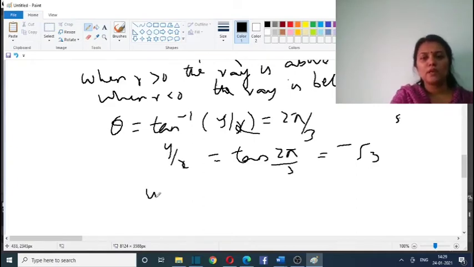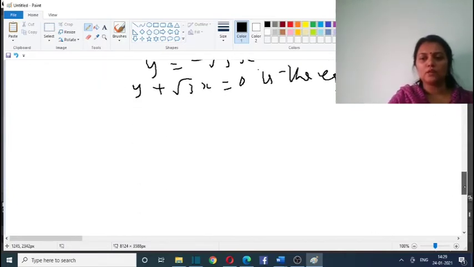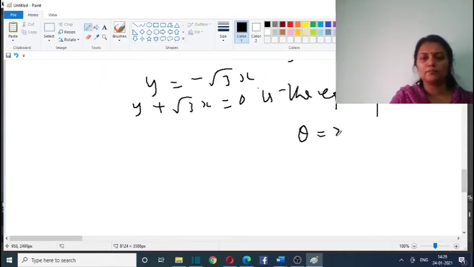That is y equal to minus root 3 x, or y plus root 3 x equal to 0, is the equation corresponding to theta equal to 2 pi by 3.